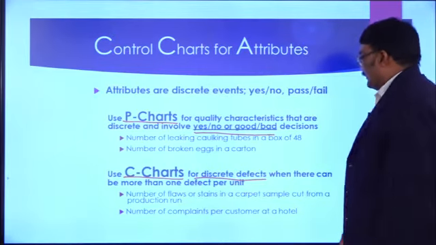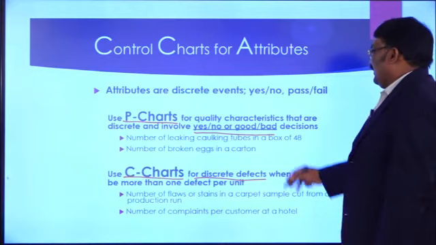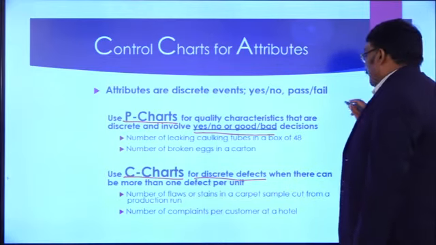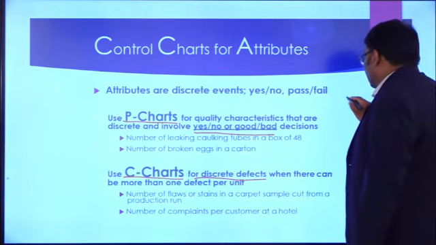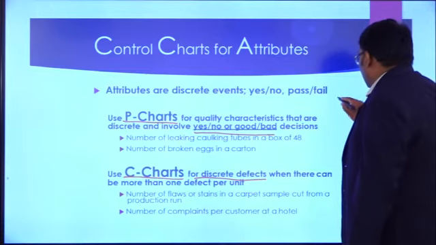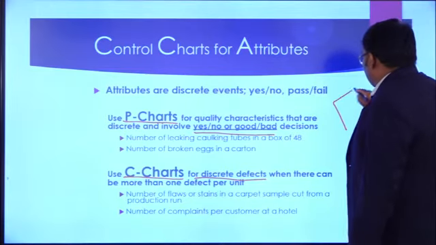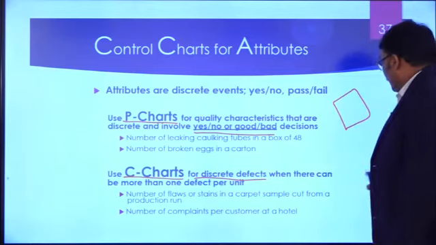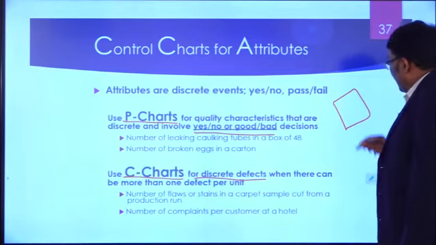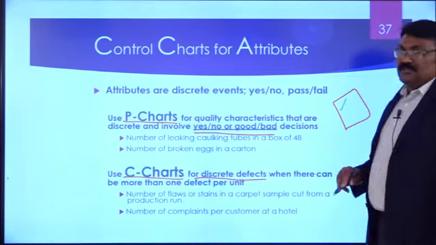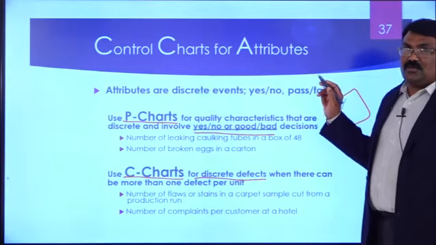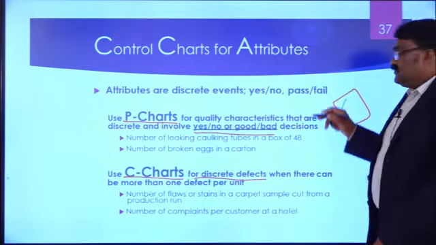How many defects are there? For example, if you take a glass, this is one glass. If this glass is broken, the blue represents the breakage in the glass.